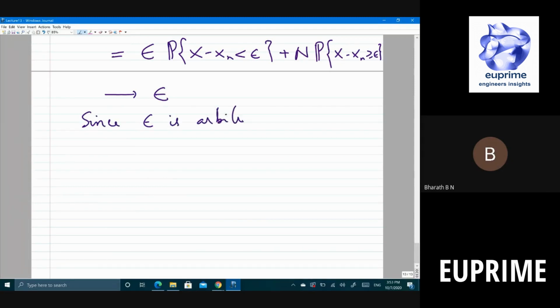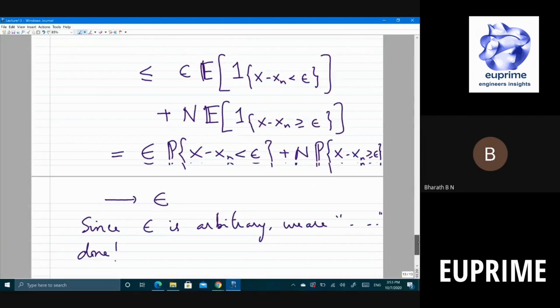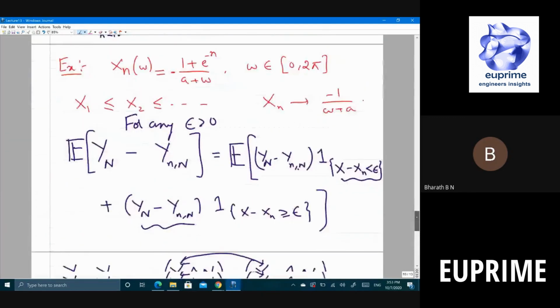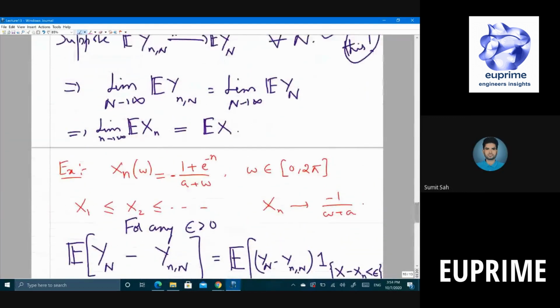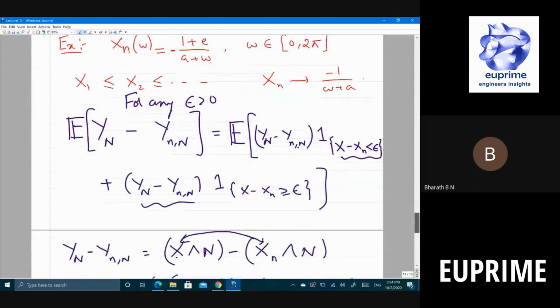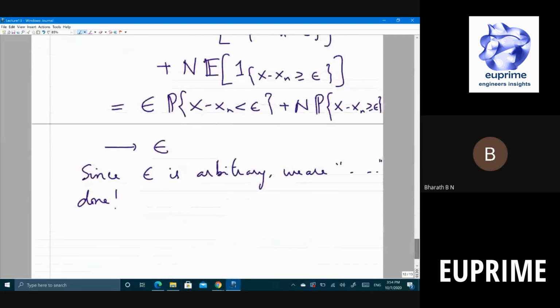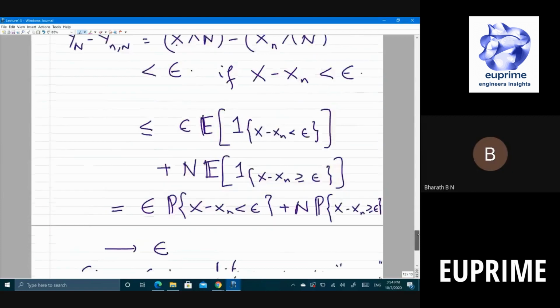Okay, are we done? Yes, sir. What have we shown? We showed that yn minus yn comma n goes to 0, since epsilon is arbitrary and n goes to infinity.